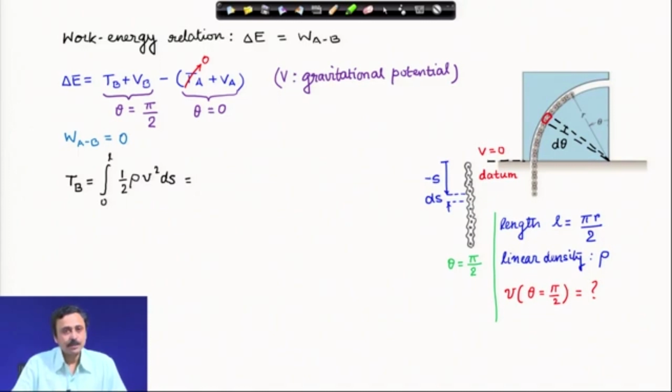Whatever force comes is a potential force, and that has been included in V. Now, we try to calculate the kinetic and potential energies at the two configurations A and B.